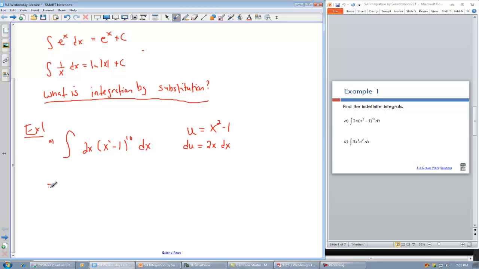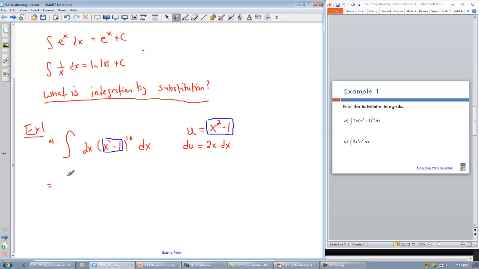All right, so this is going to equal, and let me change colors here. What I'm going to do is find my u. So here's my u right there. Instead of a circle, let me use a box. So here's my u. Where I see x squared minus 1, I'm going to write a u.